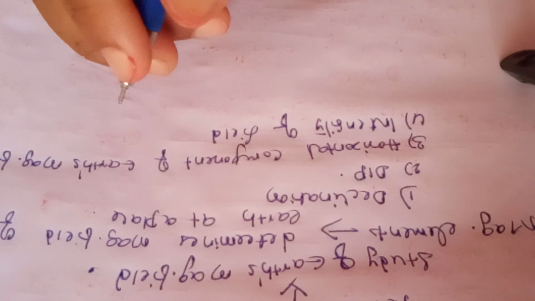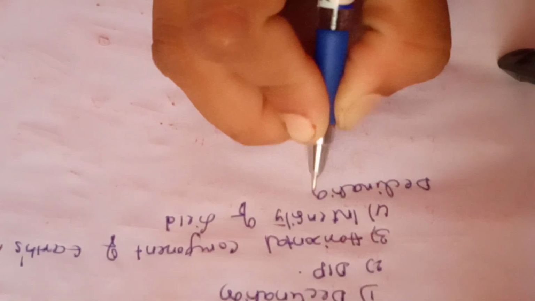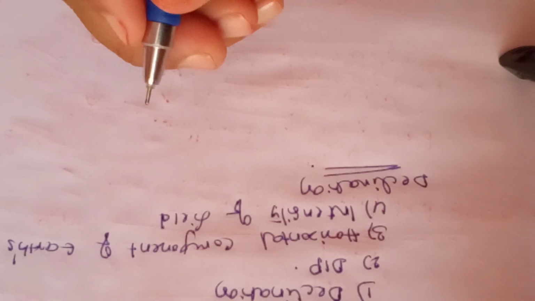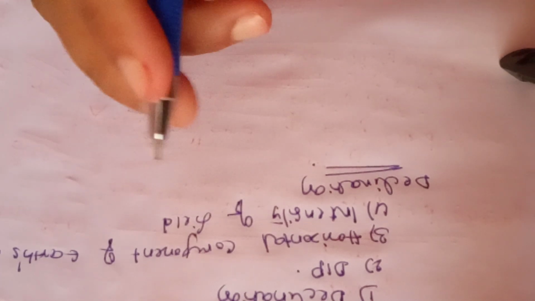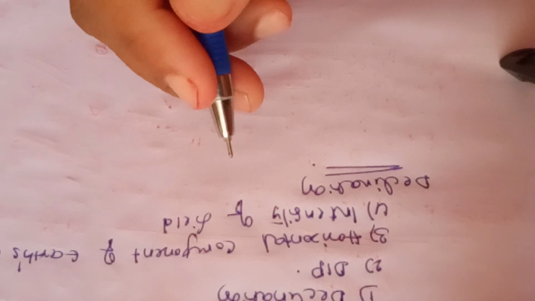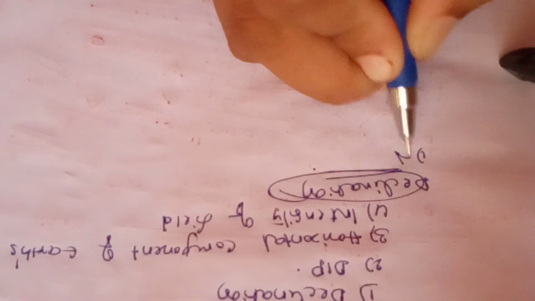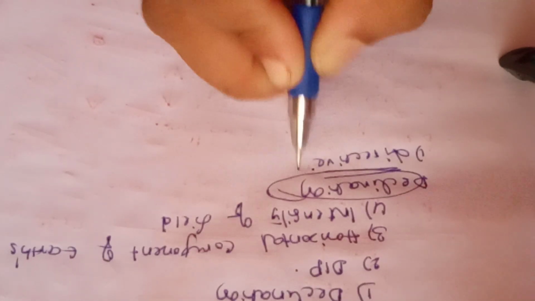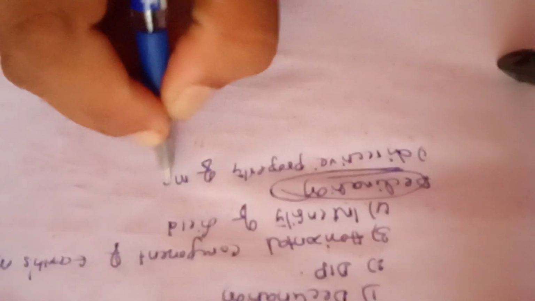First one, let us define declination. Right? So declination means, before saying declination, let us talk about the directive property of magnet.